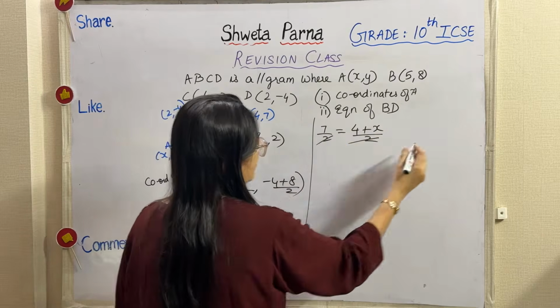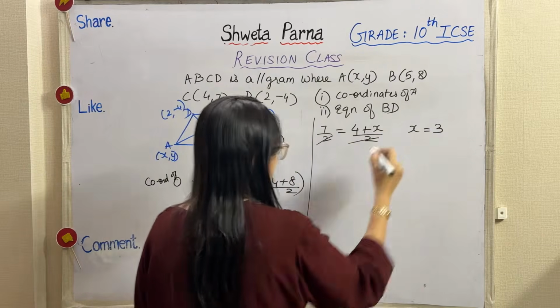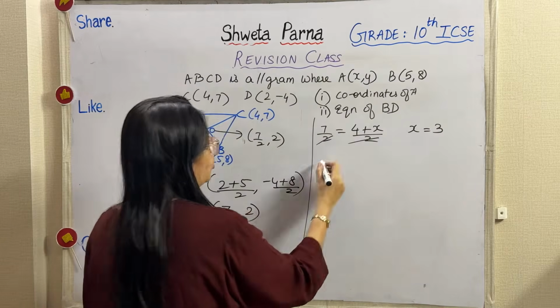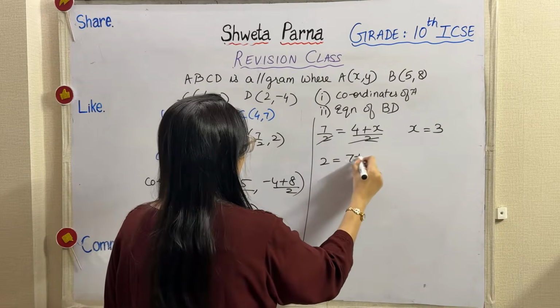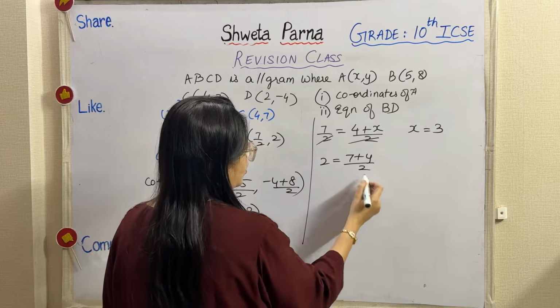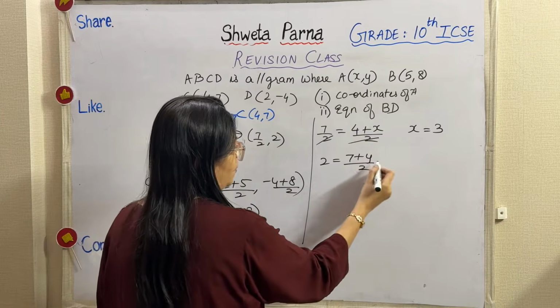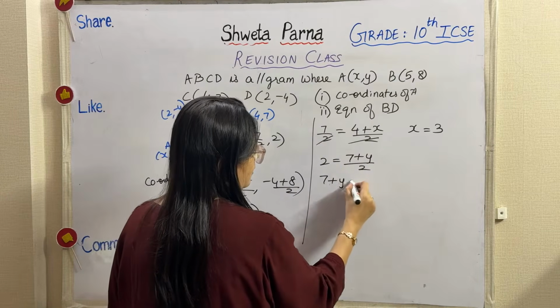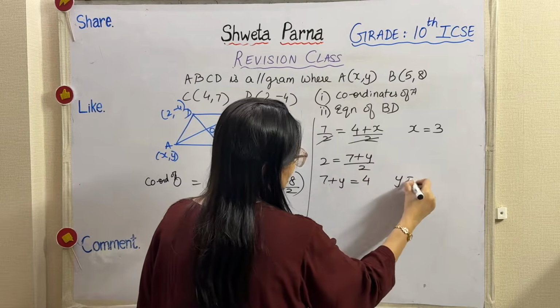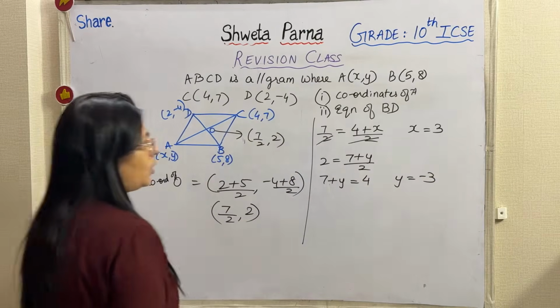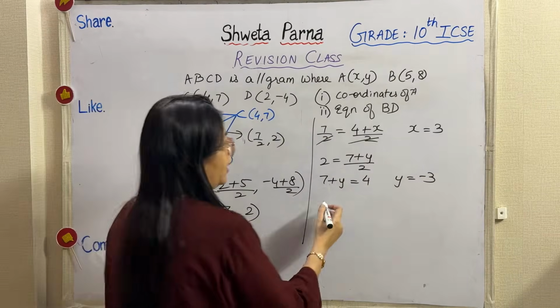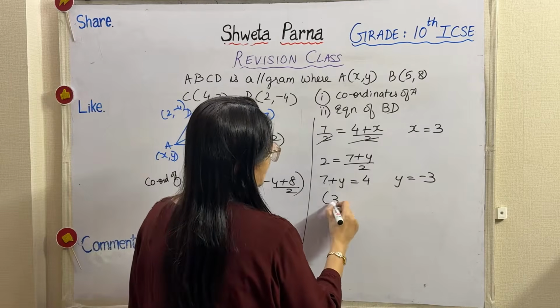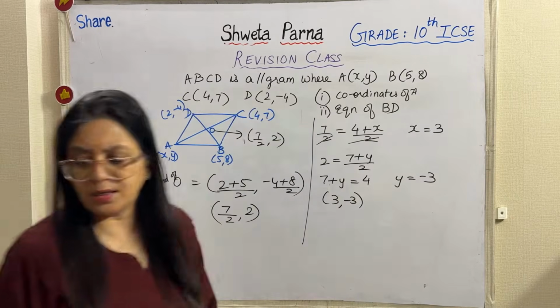The 2s cancel, so x is equal to 3. Same way, 2 is equal to (7 plus y) upon 2. So 7 plus y is equal to 4, so y is equal to -3. The coordinates of point A are (3, -3). Clear?